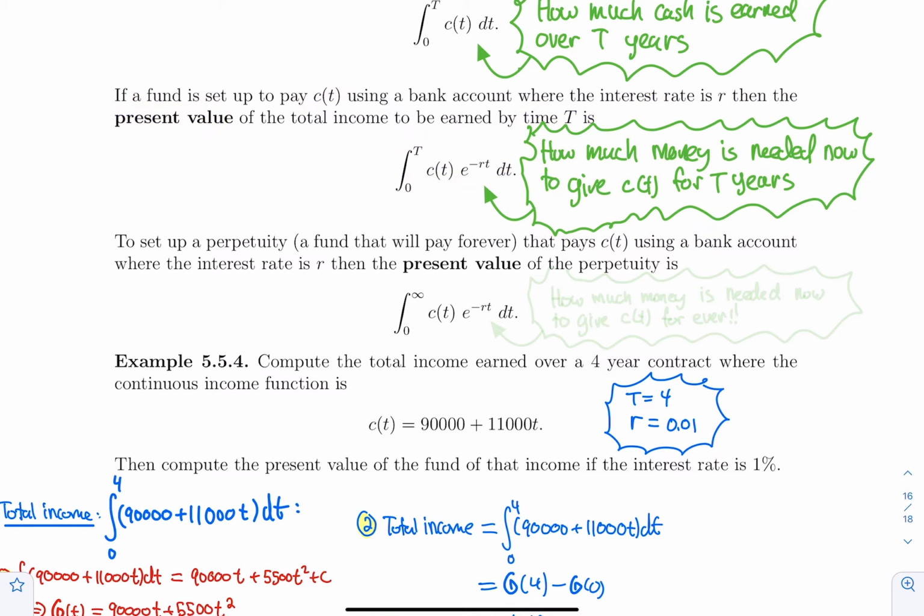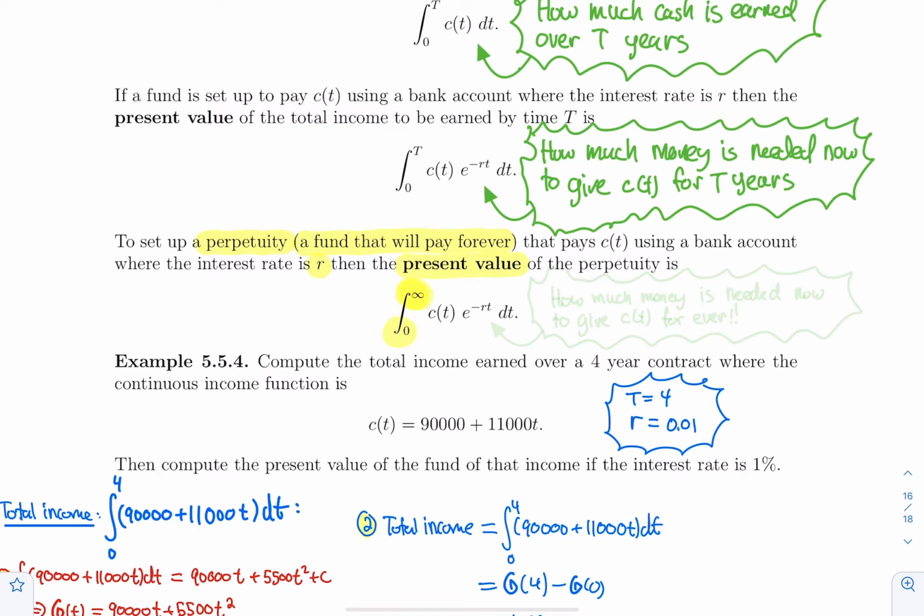And suppose for some reason you want to know how much money you need now to give away the stream of income forever. So basically you want to set up a perpetuity. If you want to compute how much money you need right now in your bank account, suppose the bank account again gives you access to an interest rate of r. So the present value is going to be given by the integral from 0 to infinity.